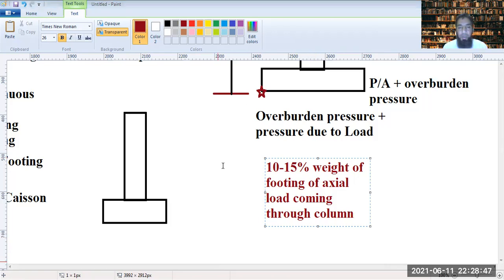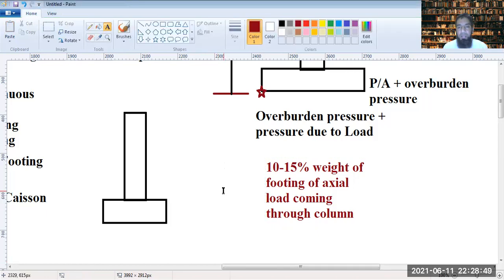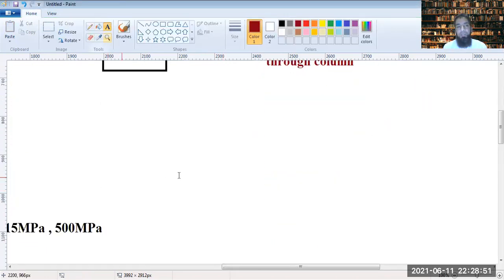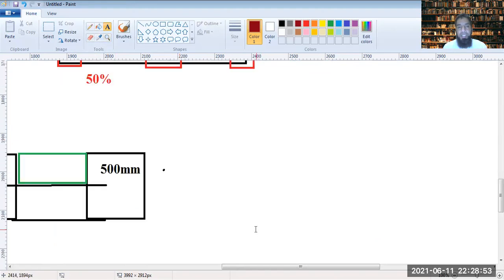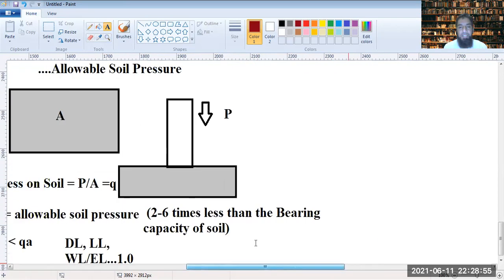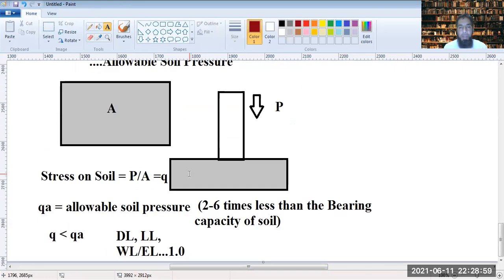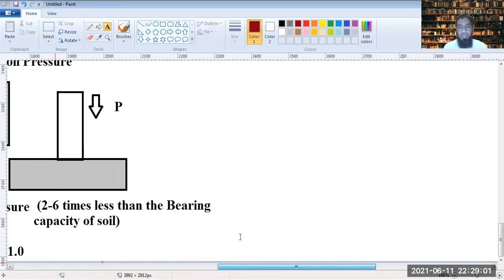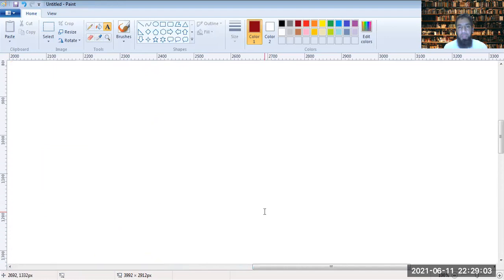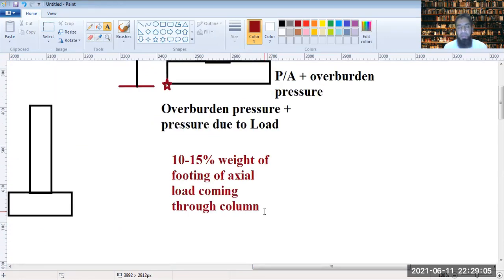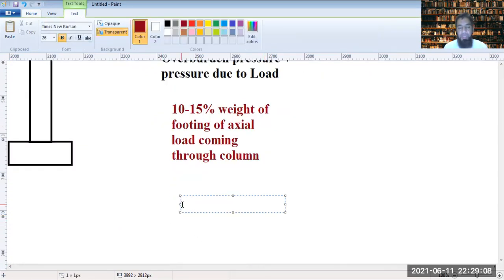So now we know the soil pressure that's exerted onto the soil, and we know the allowable soil pressure, by using this methodology wherein we are taking not the ultimate limit state but the serviceability limit state.